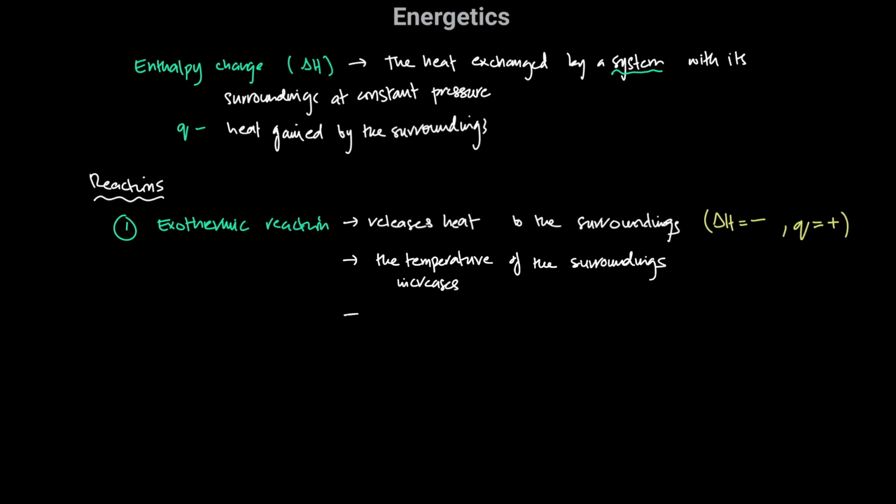All right, and then we can also say that in an exothermic reaction or an exothermic system, what's happening to the system here is that potential energy is being converted to heat.